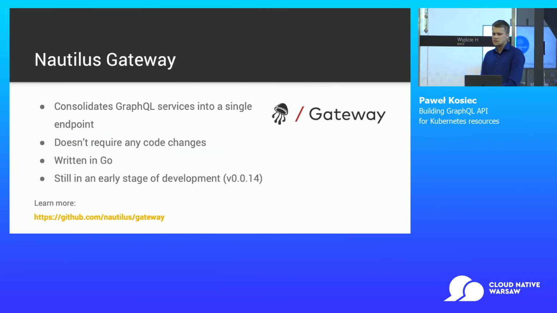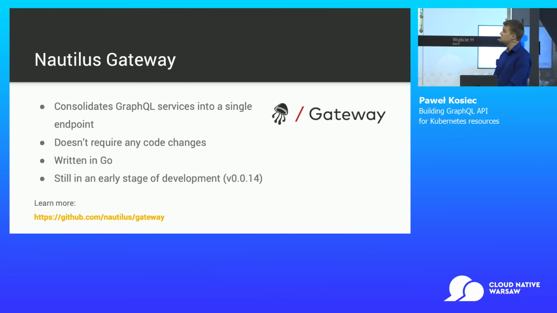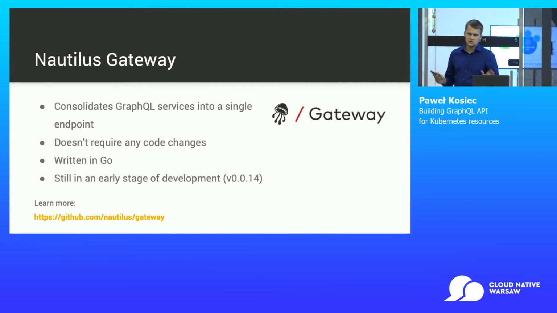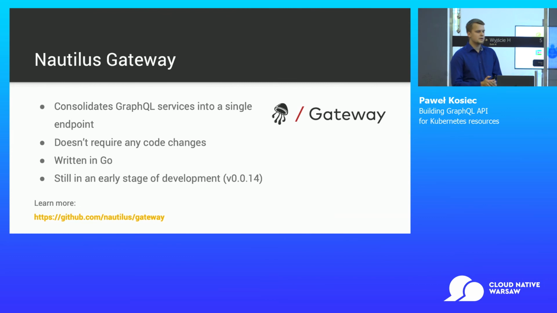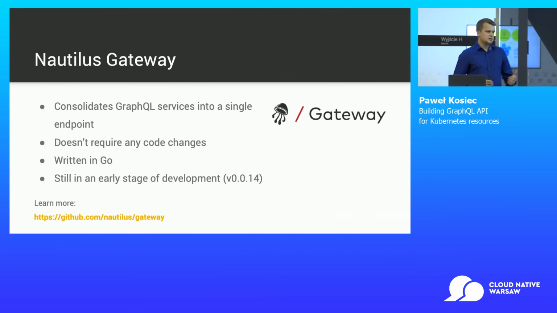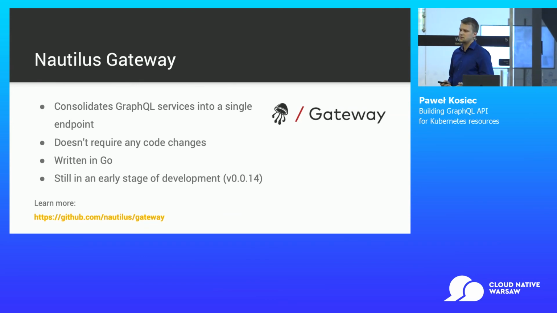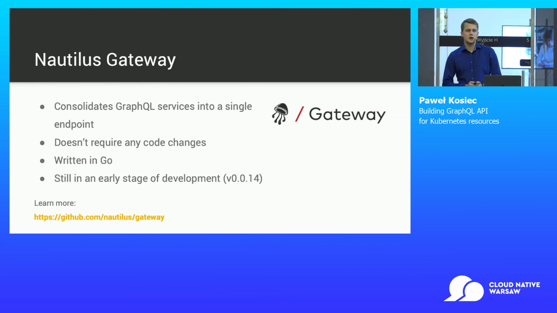But there is also another option, called Nautilus Gateway, and it does the same thing without any custom annotations in the GraphQL schema, and you don't need to rebuild it or anything like that. It just works out of the box.